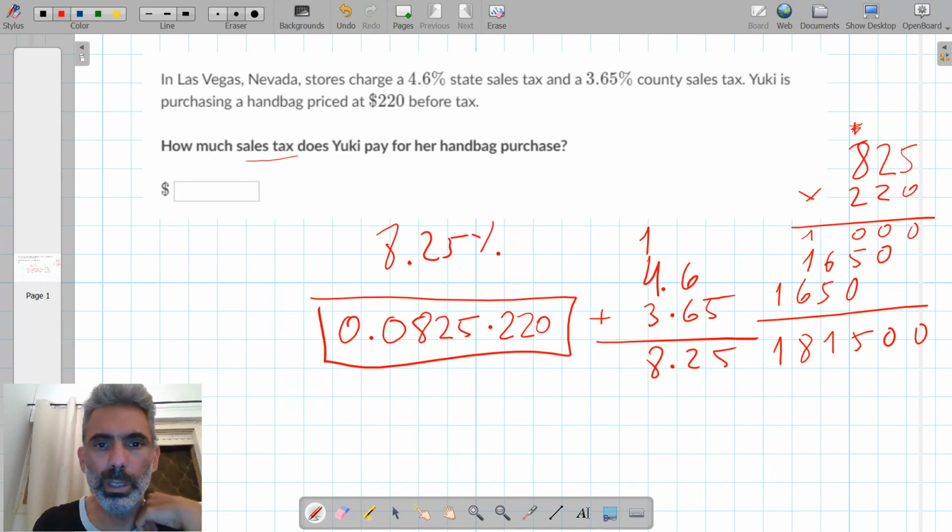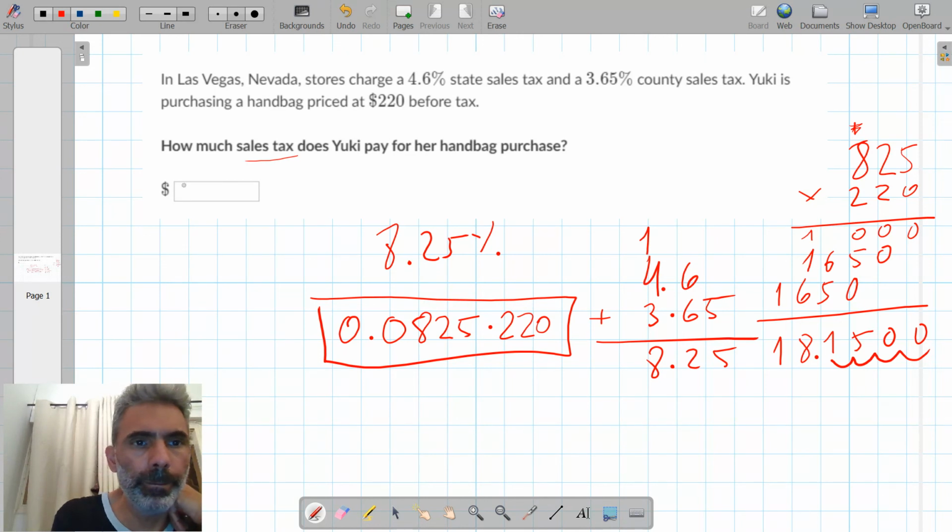You need to shift the decimal point 1, 2, 3, 4 places to the left, so it's 18.1.